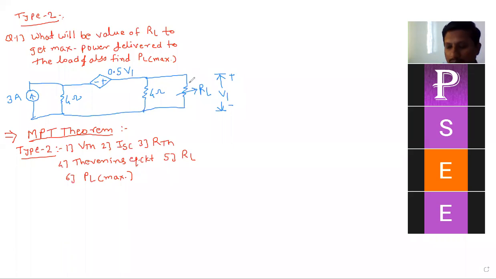So first of all, what do we have to do? We have to open the 2 terminals A and B, identified based on the RL value.